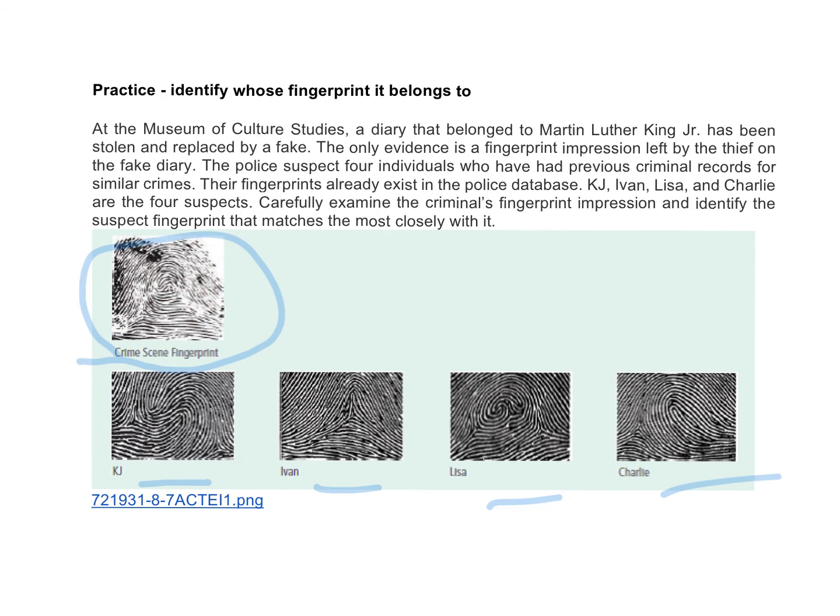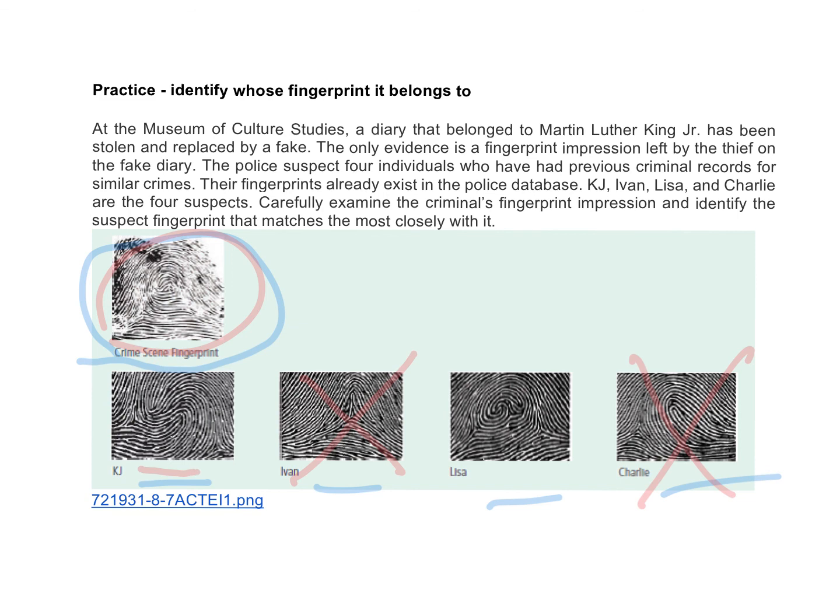Right. Let's study. Okay, I'll try to eliminate the more obvious ones. The crime scene fingerprint is definitely not a tented arch, so it's not Ivan. It's definitely not the ulnar or radial loop. Okay, this looks like a whorl to me.